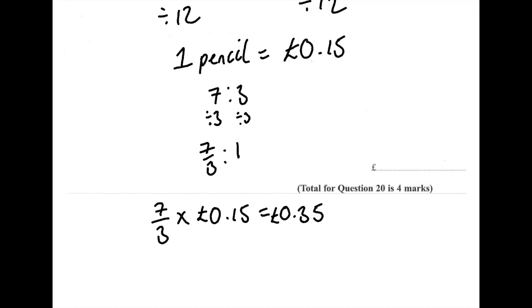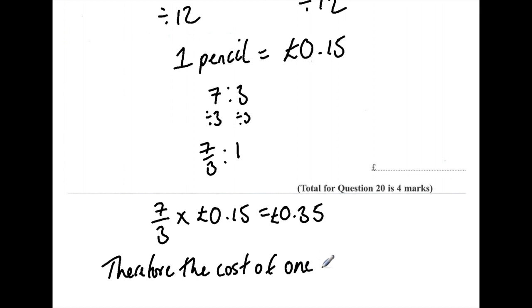Therefore, the cost of one pen is equal to 0.35. So let me write that down. Cost of one pen is 0.35.